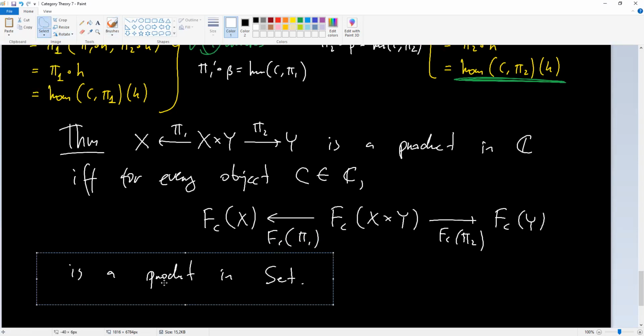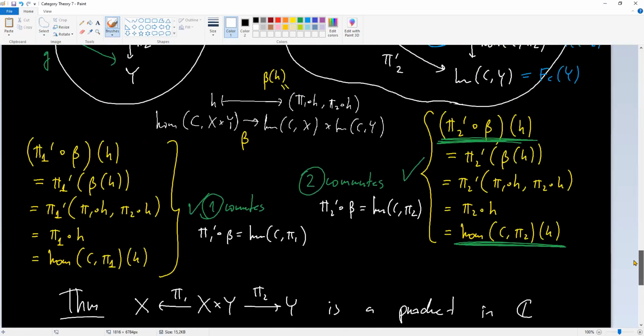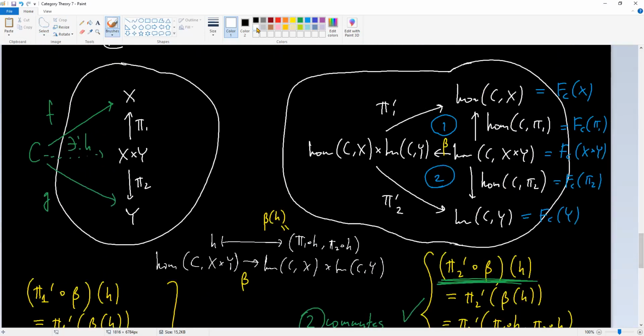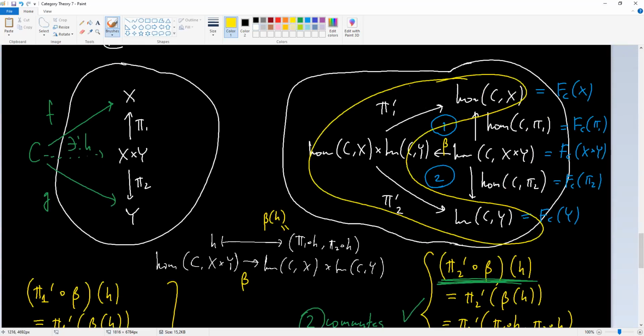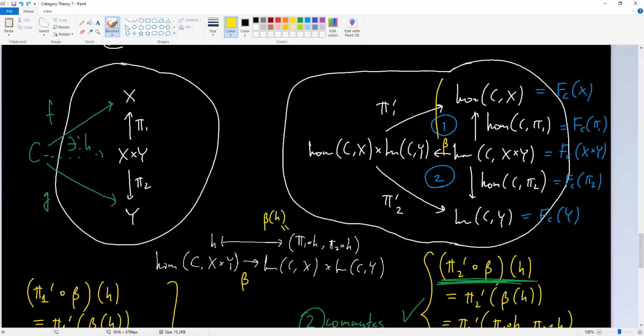So something like this being a product in the category of sets is equivalent to the actual thing we know is a product in the category of sets, which is this one. So we're claiming basically that this thing is a product if and only if this is a product, right? Okay, we know that this is a product if and only if we've got this bijection, right? Making triangles commute.